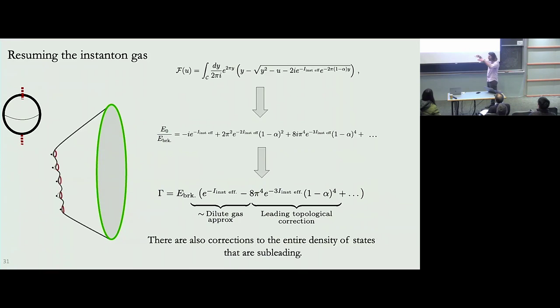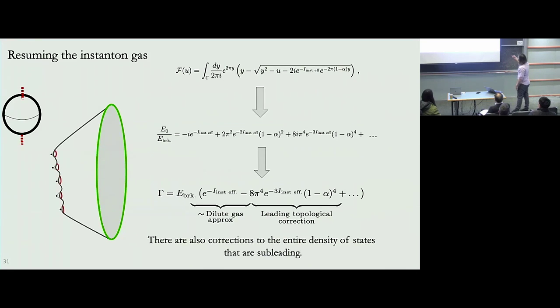This angle is very close to being very blunt, so 1 minus alpha is very, very tiny. So we can solve for the spectral shift in this perturbation theory, and beautifully, at leading order, we get exactly the expected result, as if we're resumming independent instantons. So this is the moral analog of the dilute gas approximation.